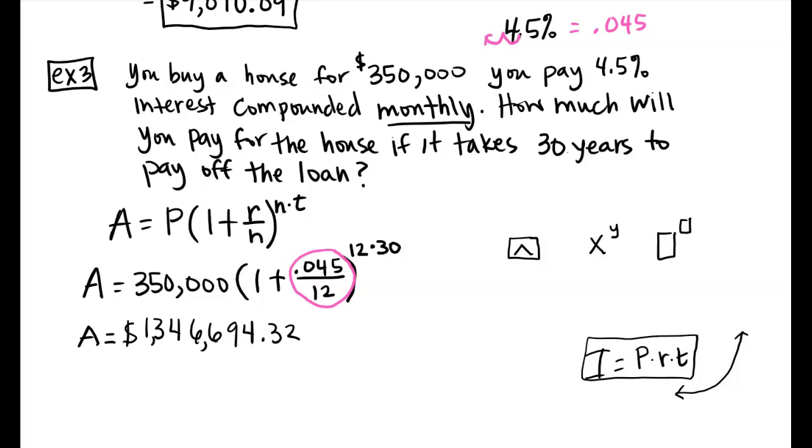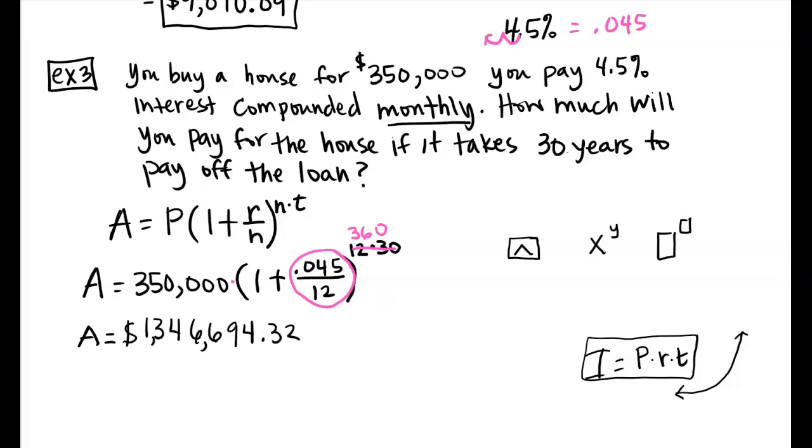You'll add 1 to it. Then you take whatever that number is and raise it to the power of 12 times 30, which is what? 360. Right? So you're raising all of that to the power of 360, hitting enter, and then times that by 350,000.